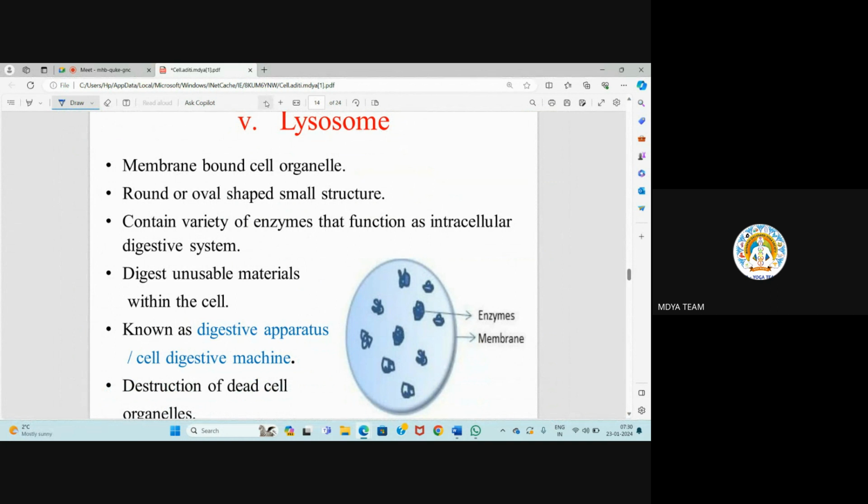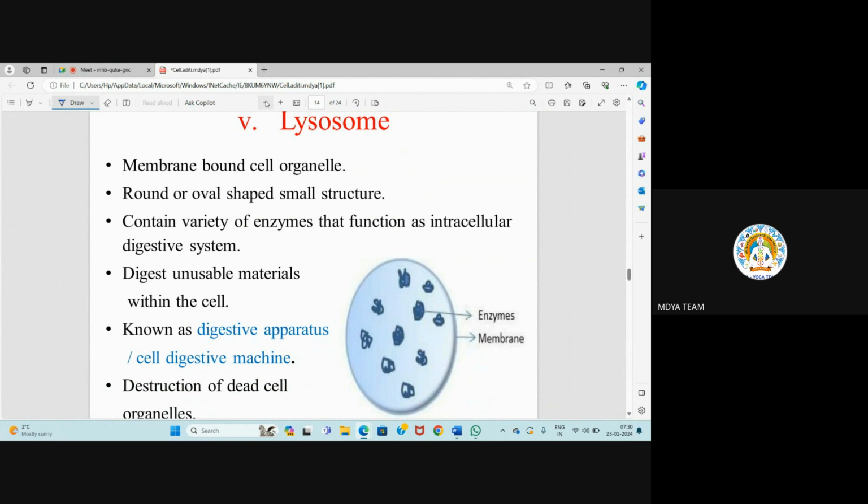Okay, so here comes one question: which organelle is helping in digestion process of cell? So answer is lysosome, right? And how it is helping?